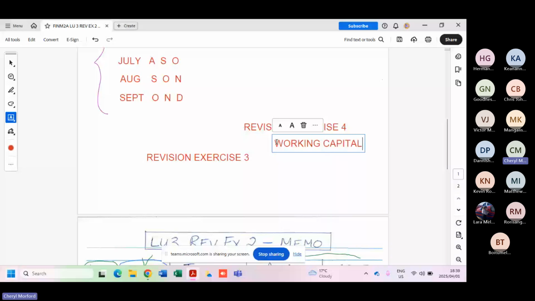So it's just adding up current assets, current liabilities. I'm also just thinking there's a question in the book that you can do. Question 3.8. That would also help you with your working capital. Then I think we are pretty much done with this section.